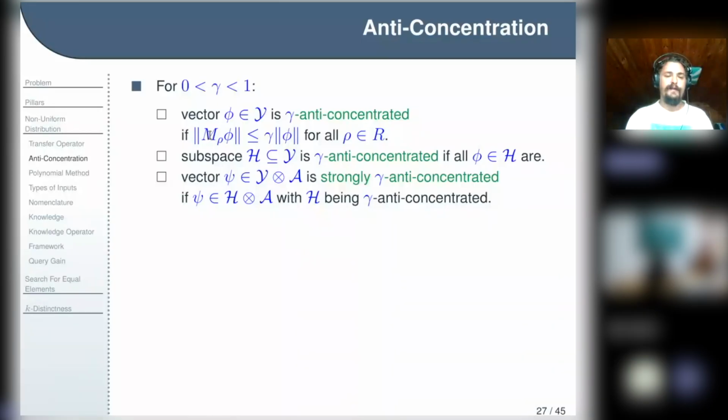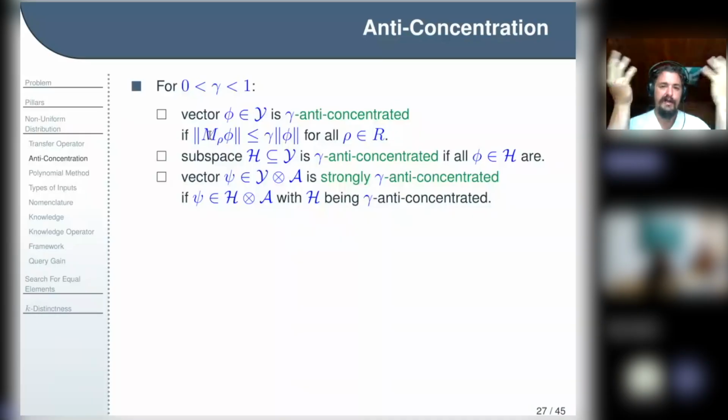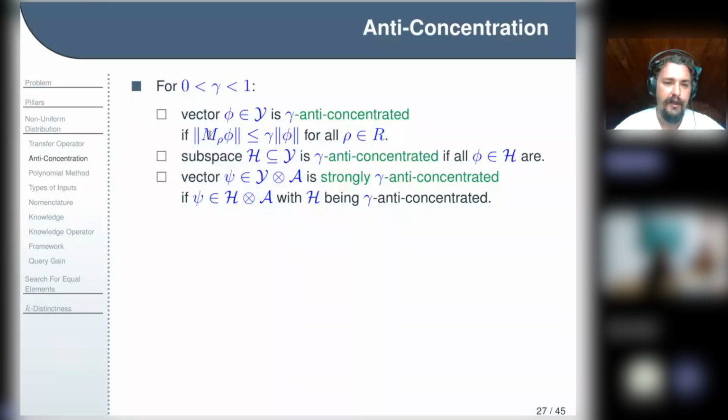For any rho, the norm drops by a factor of gamma. Okay, so it's not biased towards any particular output. That's what is stated here. So if gamma is small, it's not biased toward any output. So any output somehow is not likely.